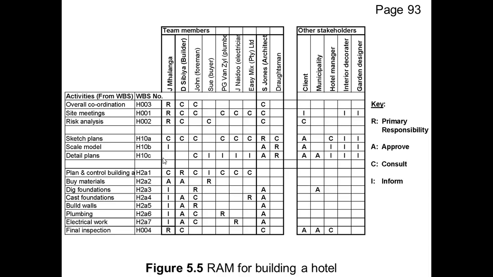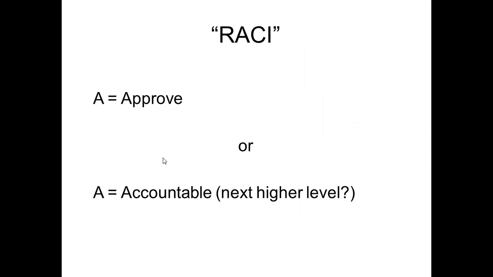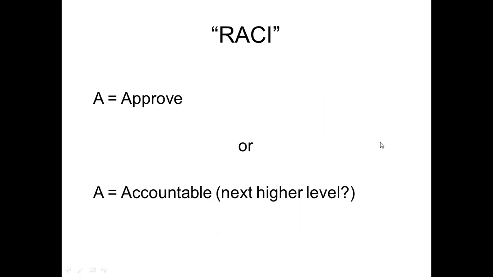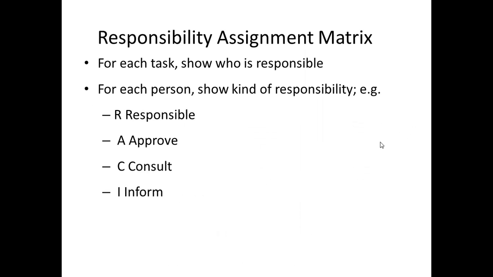Okay, so that is basically the responsibility allocation matrix. So in terms of the RACI, you can see the A as approve, or you can see it as accountable. But because we already have R as the primary responsible person, and that person is actually accountable, the A should stand for who approves it.